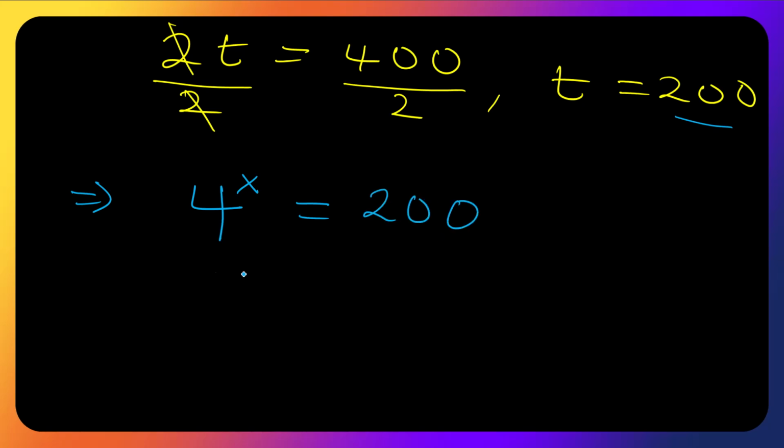So we can take it from here. Now we have the x. So let's bring the power down as we take log on both sides. Okay, let's take log both sides.